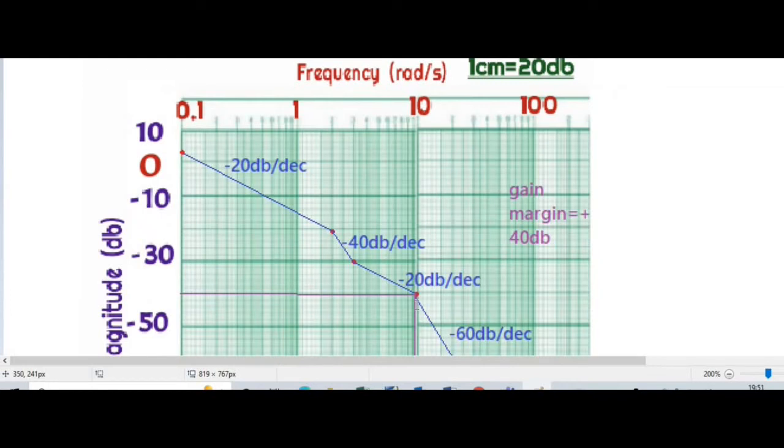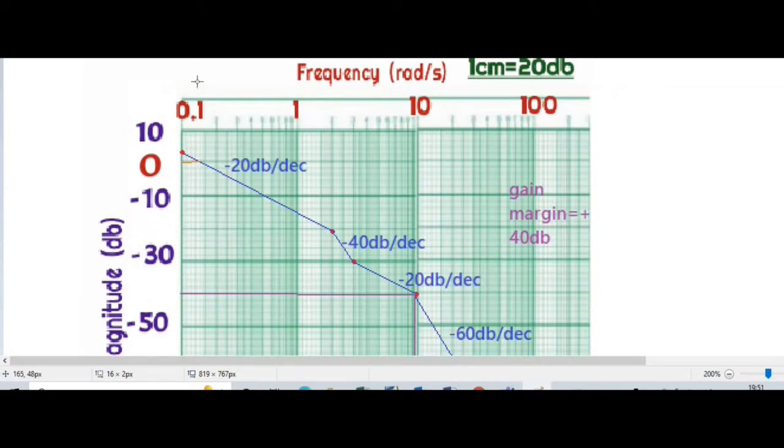From the magnitude plot, we have to draw one horizontal line from 0 dB. Again, I will select a different color, and from this 0 dB we have to draw one line, and that will cut this magnitude plot at a particular point.